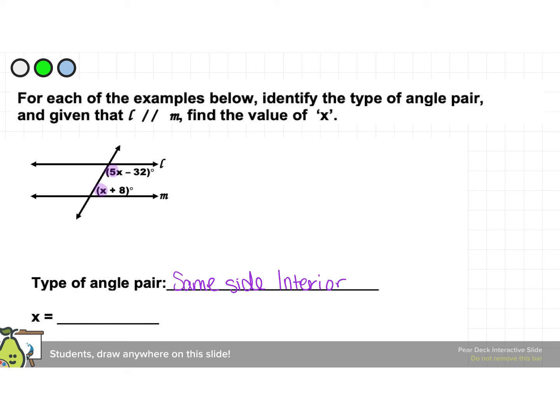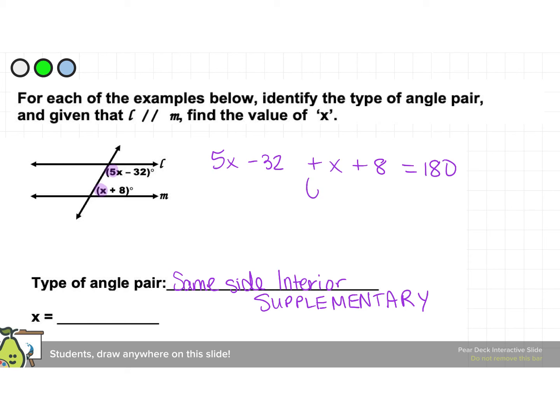All right. Same side interior angles are supplementary. So knowing that they're supplementary, then we can write an equation that adds them together and they equal 180. So we have 5x minus 32 plus x plus 8 equals 180. And we will combine our like terms, so that's 6x minus 24 is equal to 180.